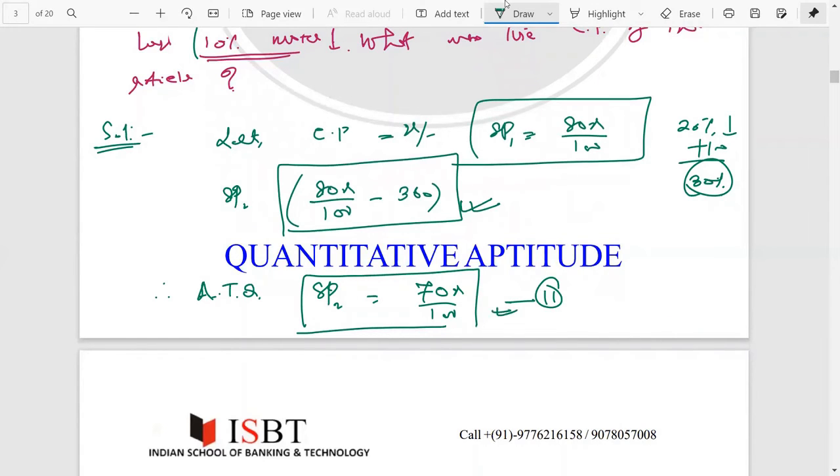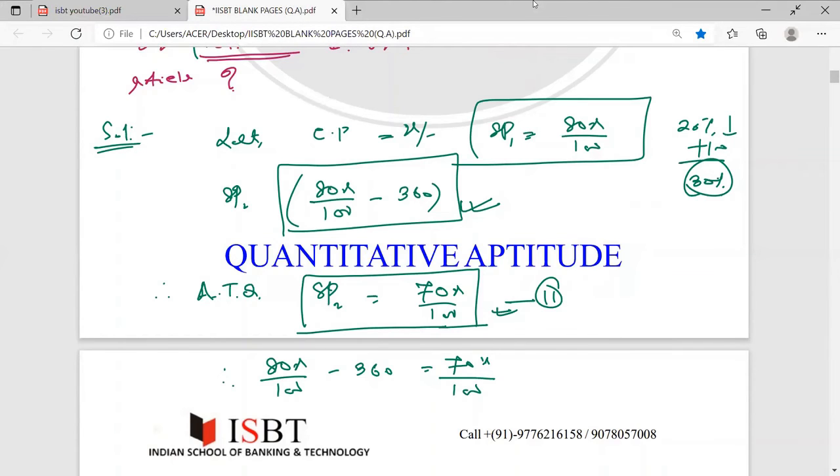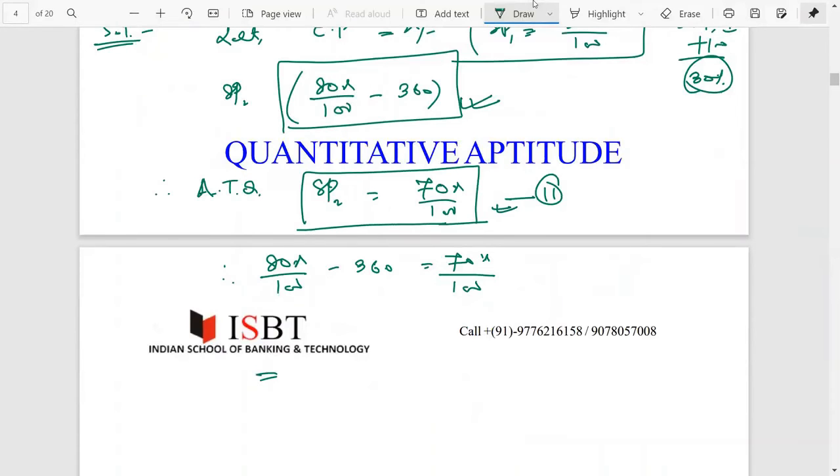When you find the value of x, you have to come to an equation. So 80x by 100 minus 360 is equal to 70x by 100. So 80x by 100 minus 70x by 100 is equal to 360.